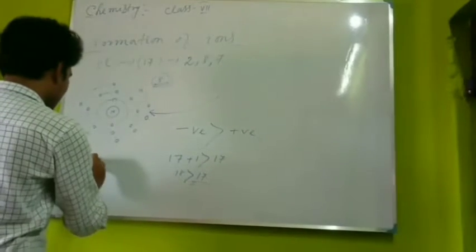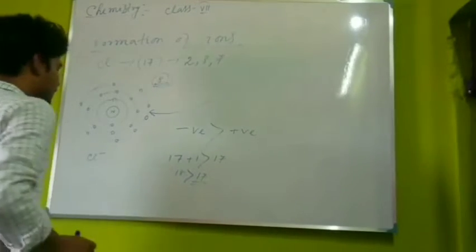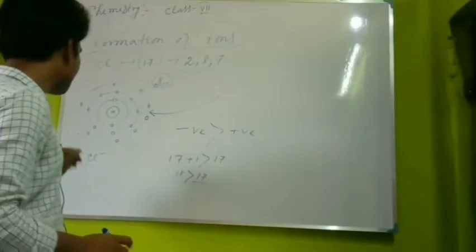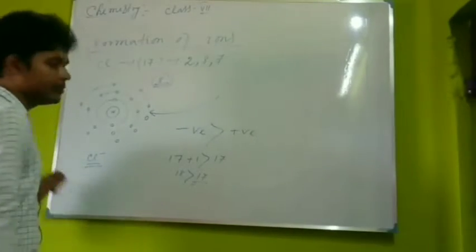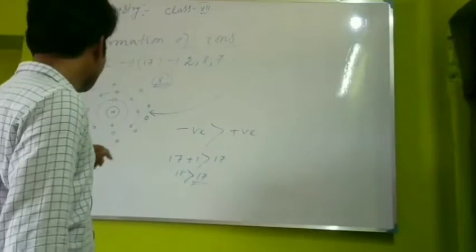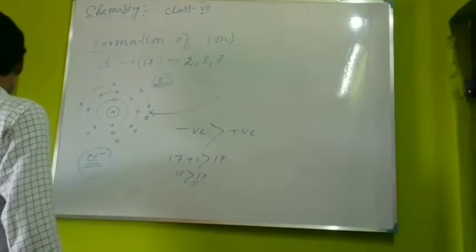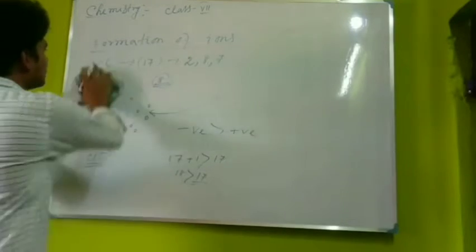So the excess charge in chlorine is Cl minus, only one electron. So it becomes an anion.